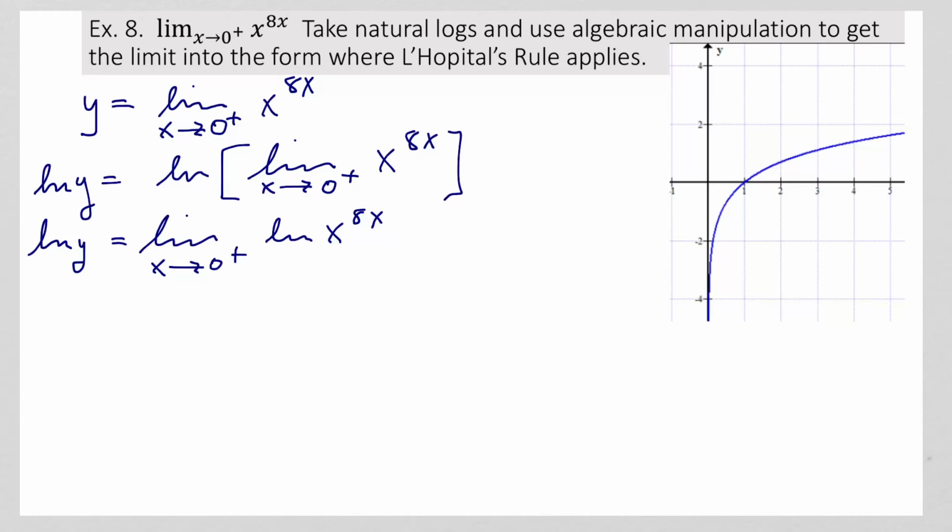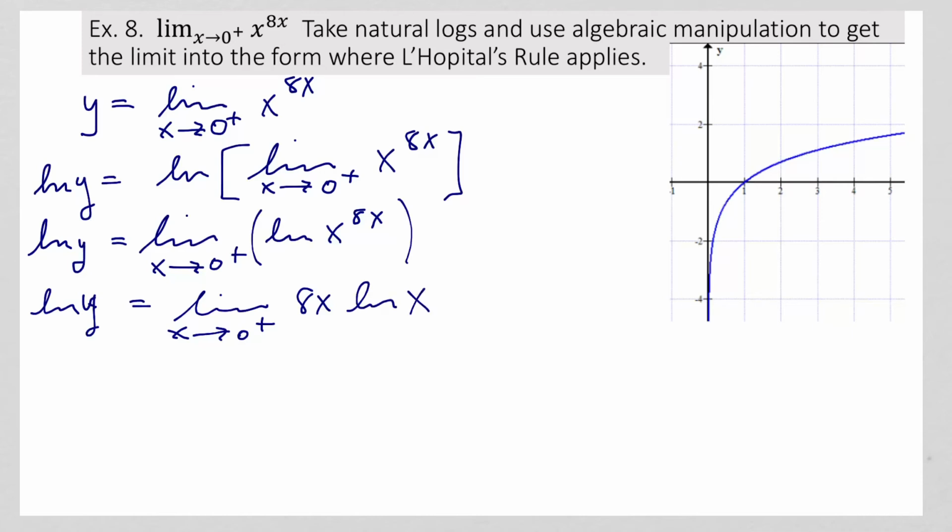All right, so now I'm taking the limit of the natural log of x to the 8x, which we can rewrite as the natural log of y is equal to the limit as x approaches 0 from the plus side of 8x in front now, according to the power rule of logs, ln of x.